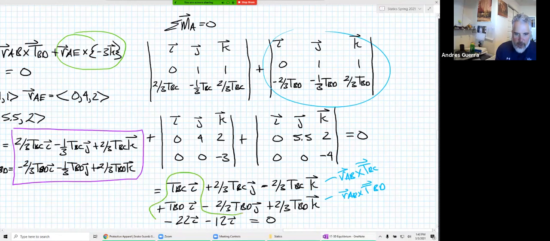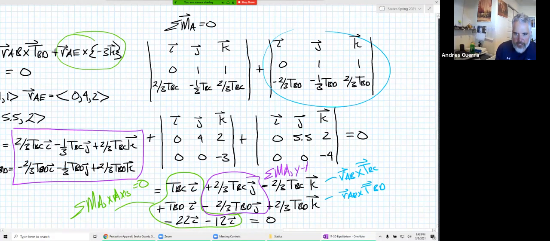If we just grab all the i stuff, there's the sum of moments about A on the x-axis. Or if we grab all the j components, there's the sum of the moments about A on the y-axis.